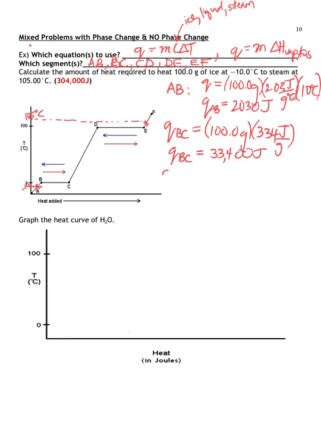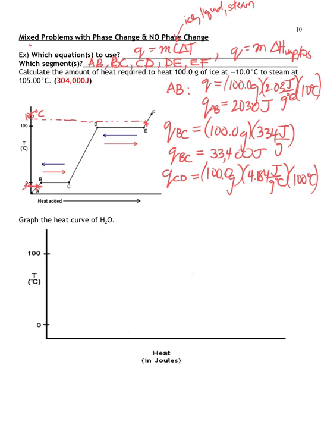Let's go to the next segment. The next segment is Q of CD, and that is not a phase change. That is Q equals MCΔT, so 100 grams times the specific heat capacity of water. Change in temperature, 100 degrees Celsius.